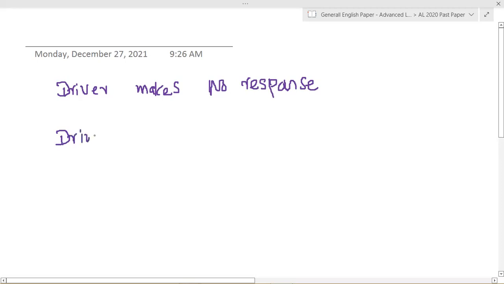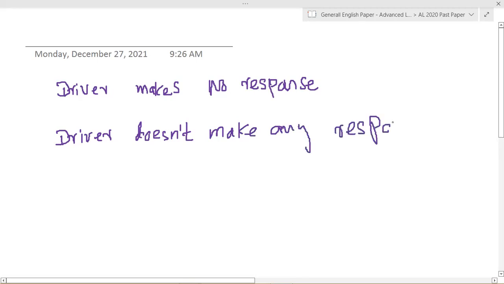ඒක ඇත්තටම මේකට සමානයි. The driver doesn't make any response. ඒකට සමානයි. හරි.